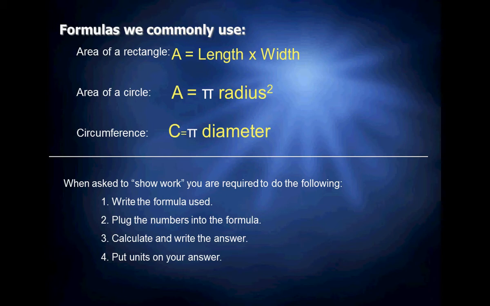Third, you calculate your final answer. And fourth, you must have a unit on every number that you have. Always use a unit. So that's what I mean when we say show your work. So formula, substitution, answer, units. 4 things you need when I say show your work.